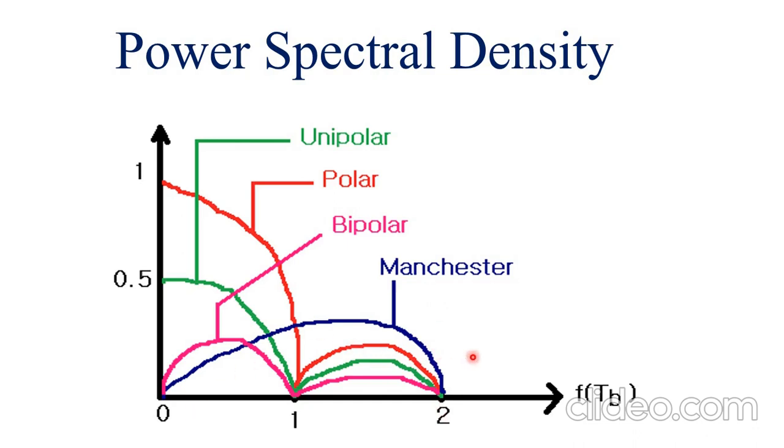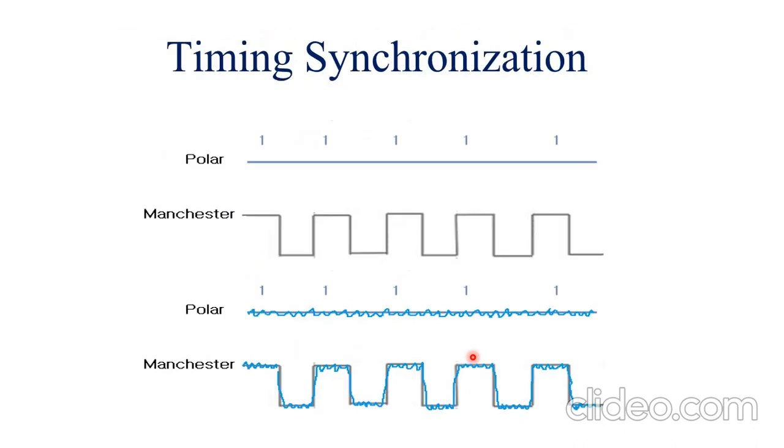But it has some advantages, like self-synchronization. Now, as I have earlier explained in characteristics of line coding, what is self-synchronization?